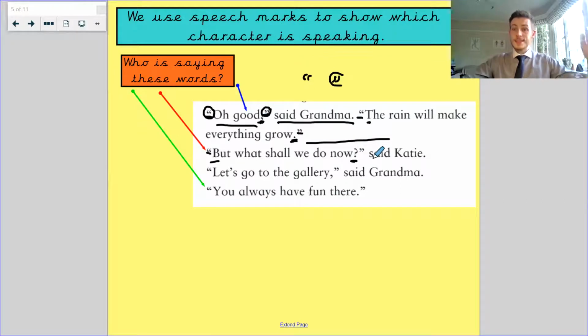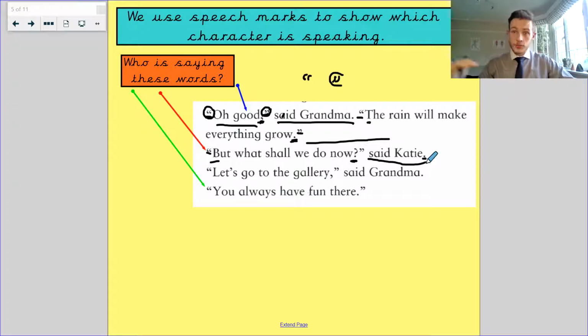It goes inside the 66 and the 99. Remember that they hug everything in, so everything goes inside our speech marks. Then we've got said Katie. So who said, but what shall we do now? Well, it was Katie that said that. And because that's then the end of the sentence, we put a full stop there after the word Katie.